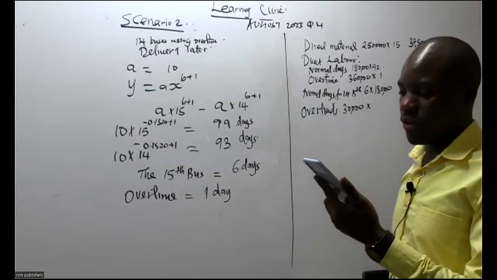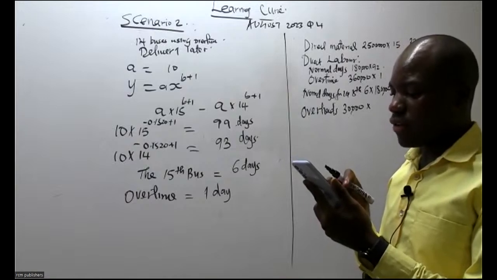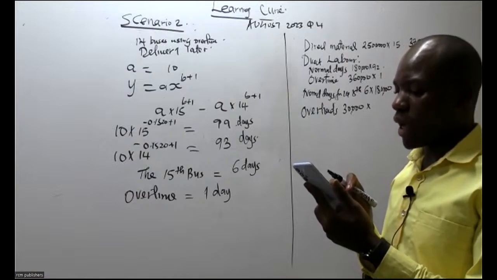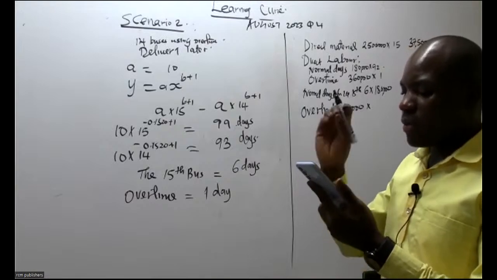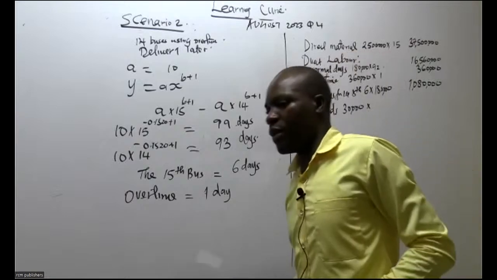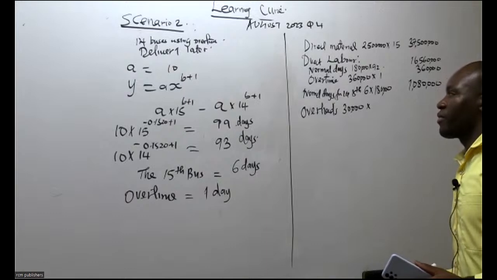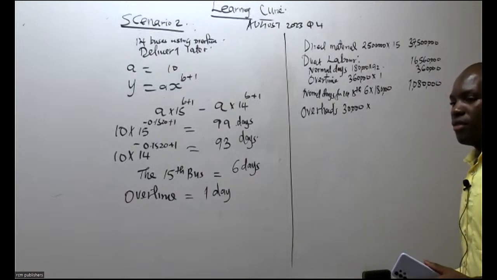Let me read the statement for you. The overtimes will be allocated to the special order at the rate of 30,000 per normal working day, and no overtimes will be allocated for overtime working. Now I want you to give me the number of days here to summarize this.